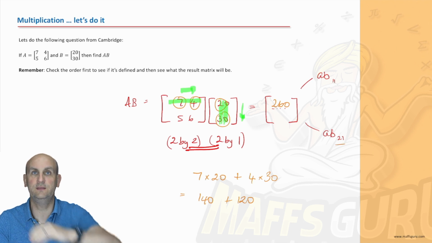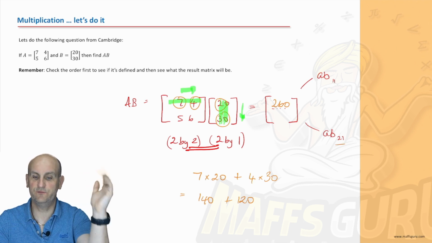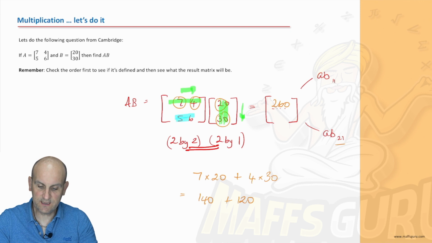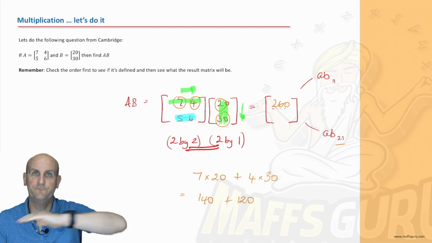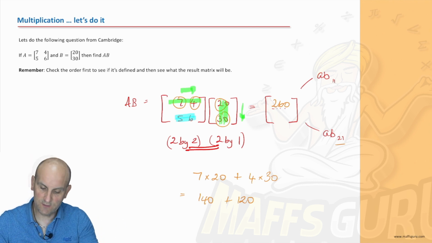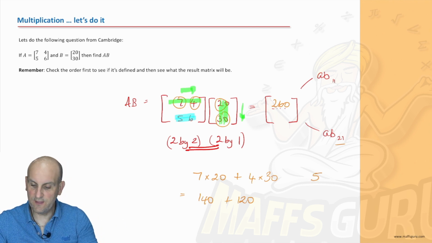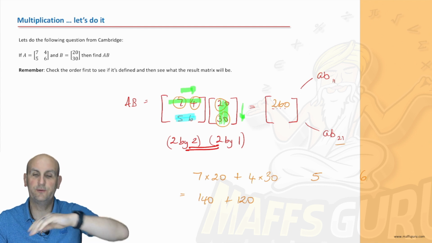How do I get the next one? I now do the second row times the first column. This is my second row now, and I've already got my first column. In fact, there's only one column, so that makes life a bit easier. So let's see what that's going to be. Well, I'm going to move along that bottom row, 5 and then 6, and I've got the 20 and the 30.